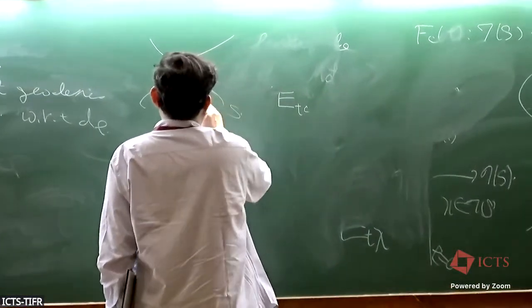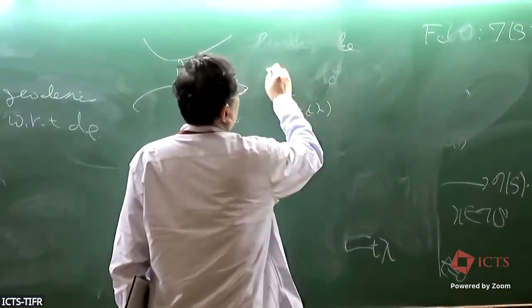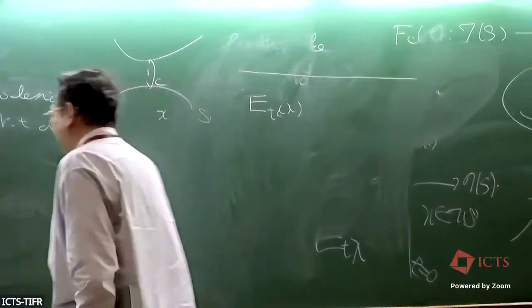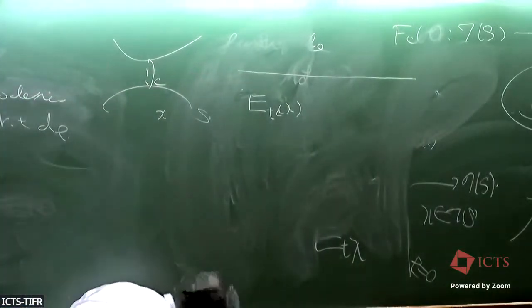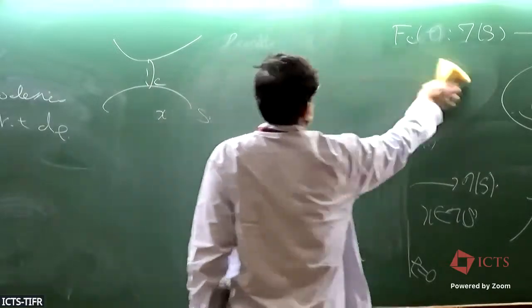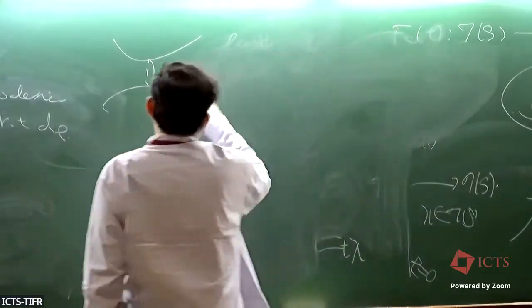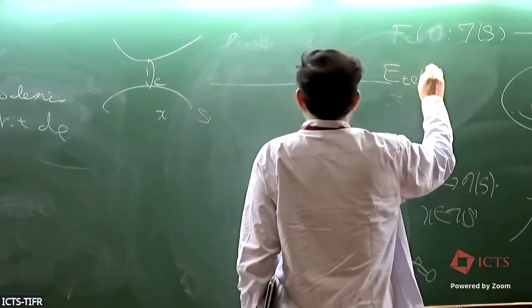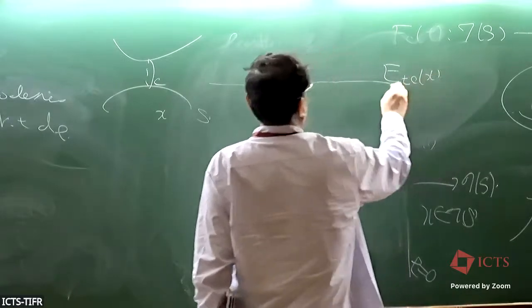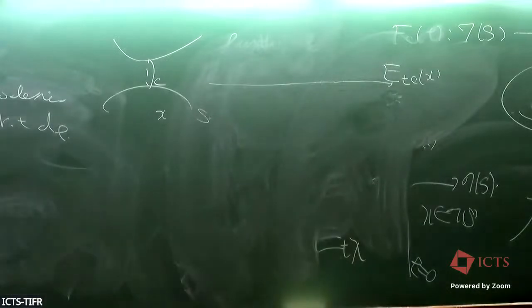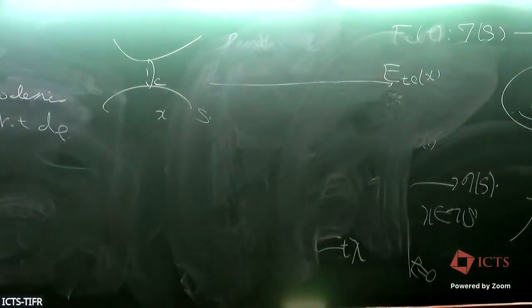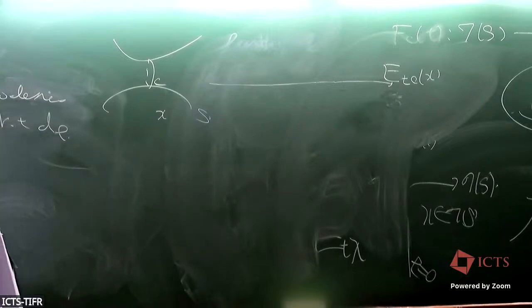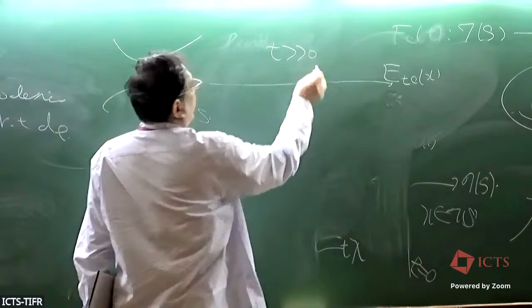So starting from X, T_C of X, you have a family of the twist, and it gives a ray starting from X. So you can go further and further by making t larger and larger. And let me show you that this cannot be a geodesic if the t is very large.